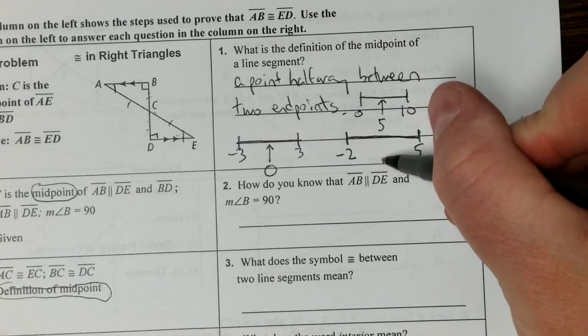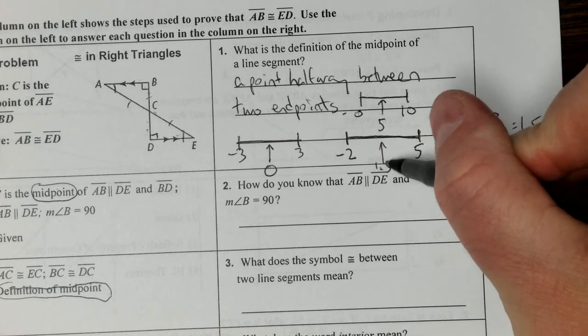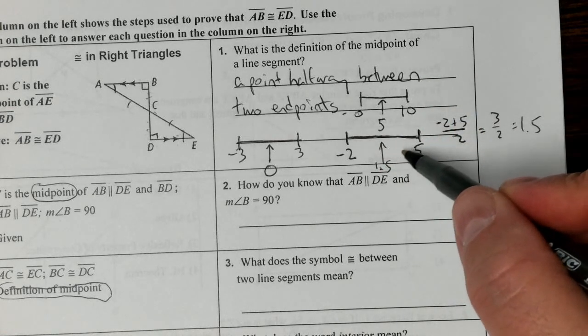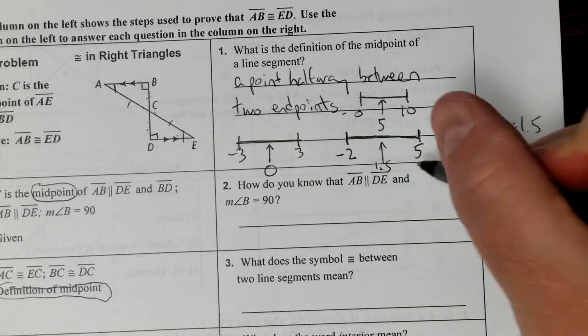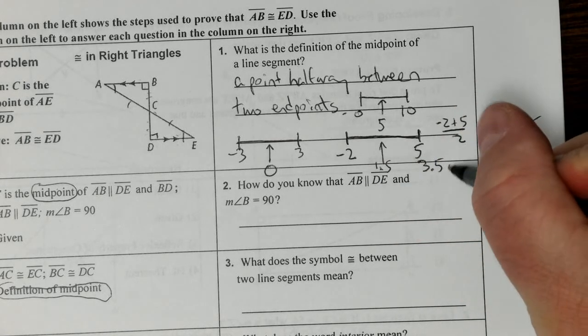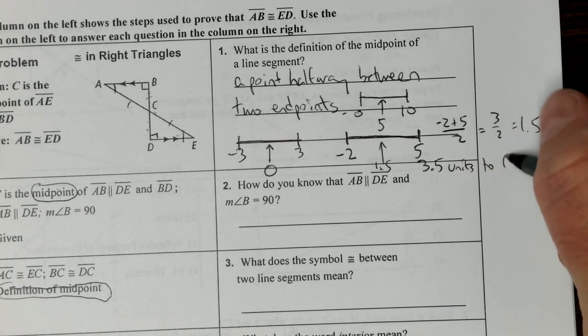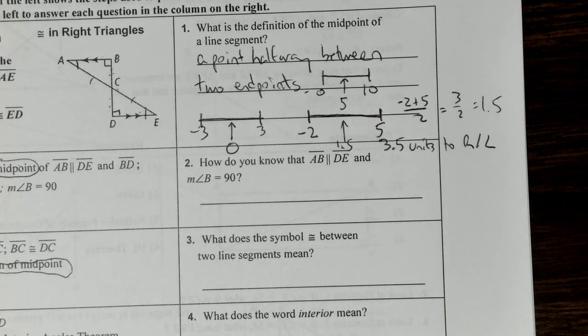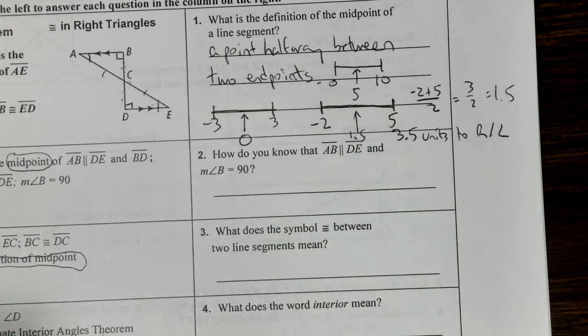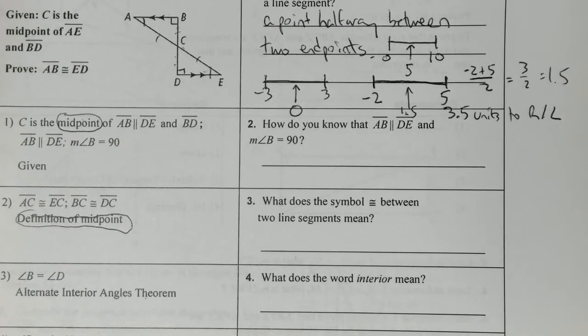And then you can imagine if this is 1.5, this is 3.5 units away to the right and 3.5 units away to the left, 3.5 units to the right and left to get to the end point. So that was just a review about midpoint. Any questions about that?